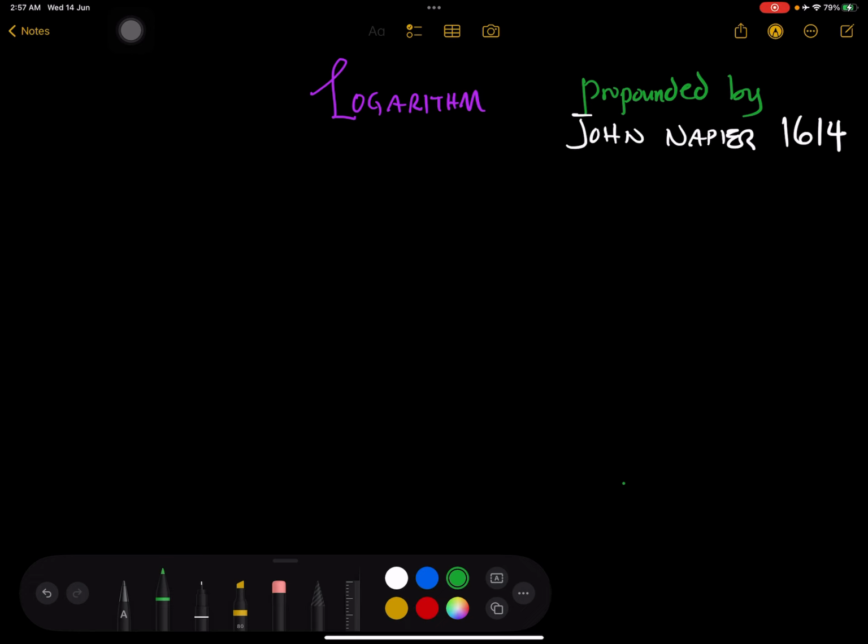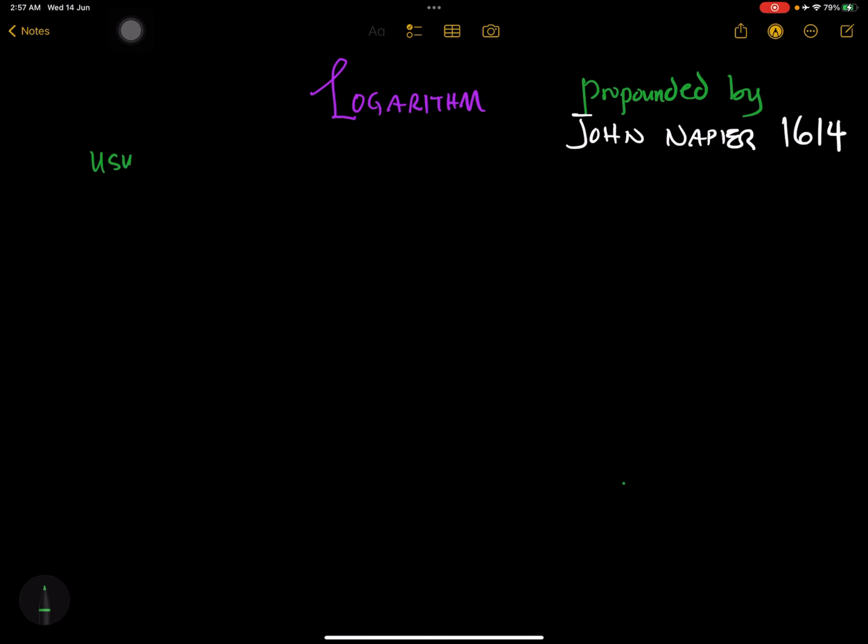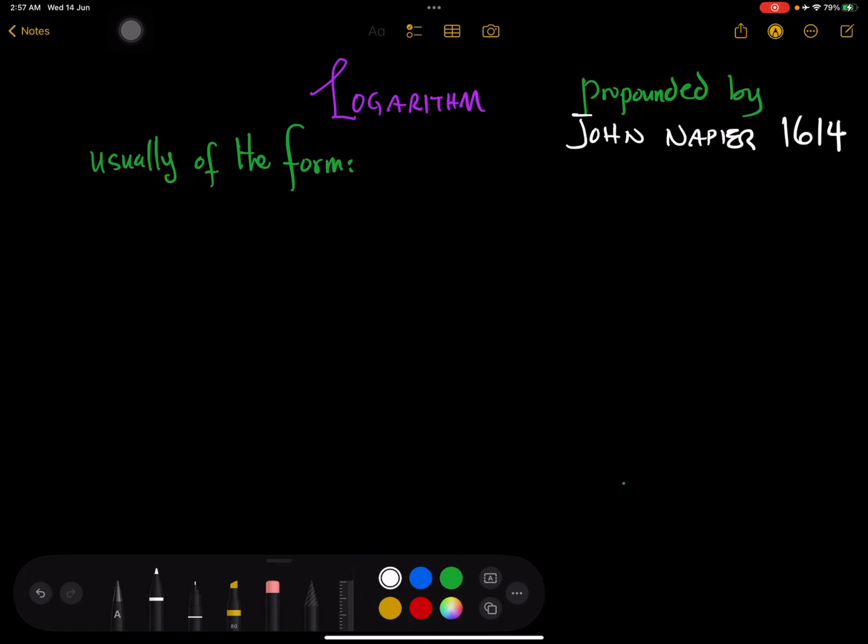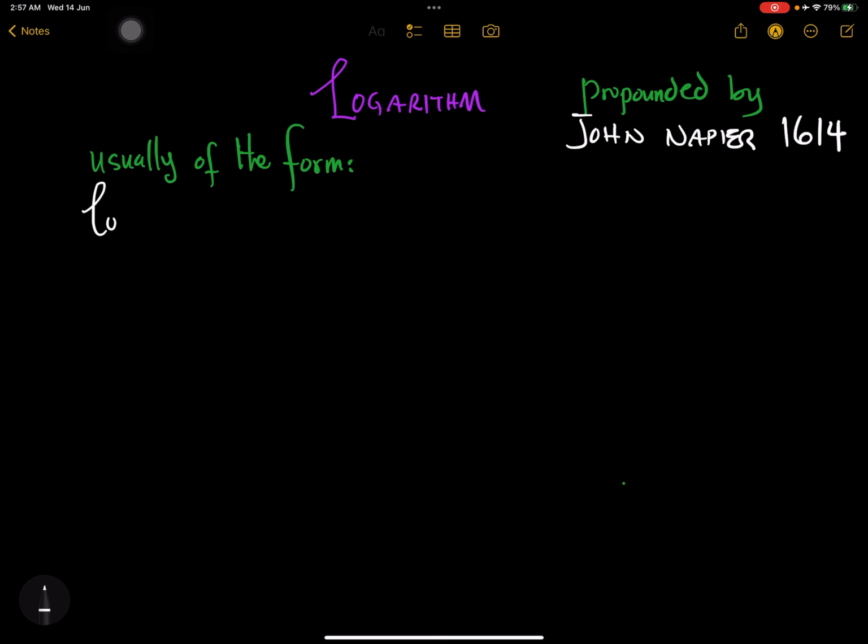Now, logarithms are usually of the form, they have a certain form. If you look at, let's say, log b to the base a.